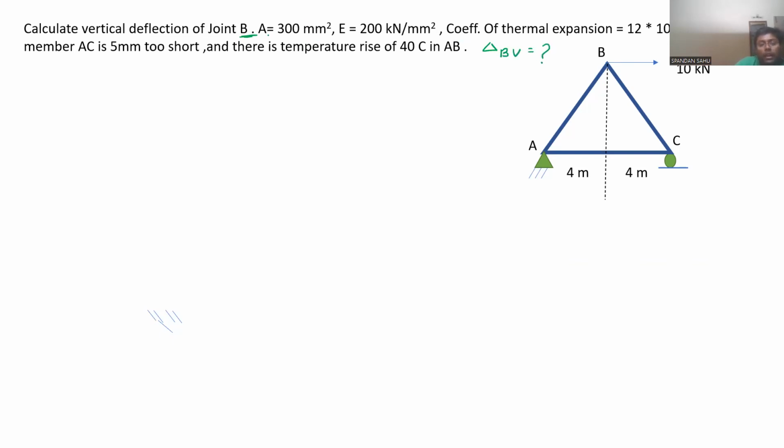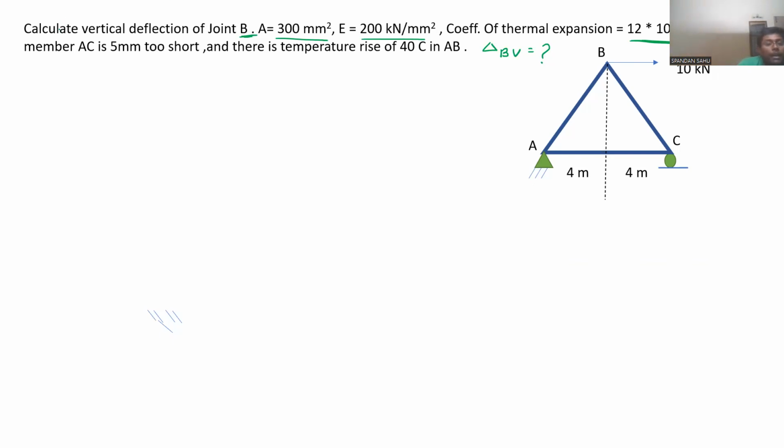Now area is given, that is same for all members. Modulus of elasticity is same for all members. Now see, the coefficient of thermal expansion is given for this question. So this is 12 into 10 power minus 6 per degree Celsius.